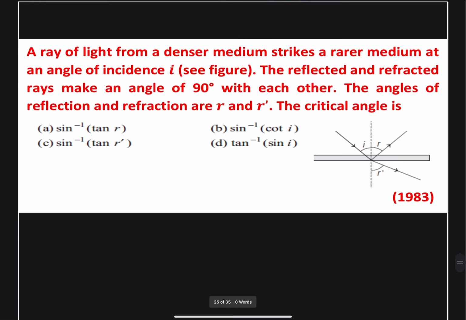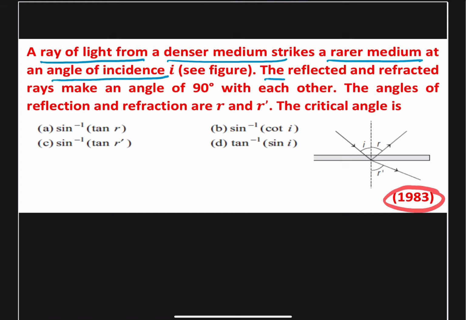Now we come to the next question, and this question was asked in 1983. It states that a ray of light from a denser medium strikes a rarer medium at an angle of incidence i. The reflected and refracted rays make an angle of 90 degrees with each other.